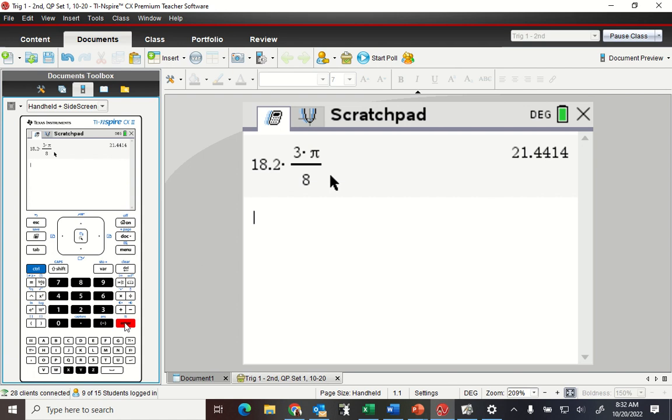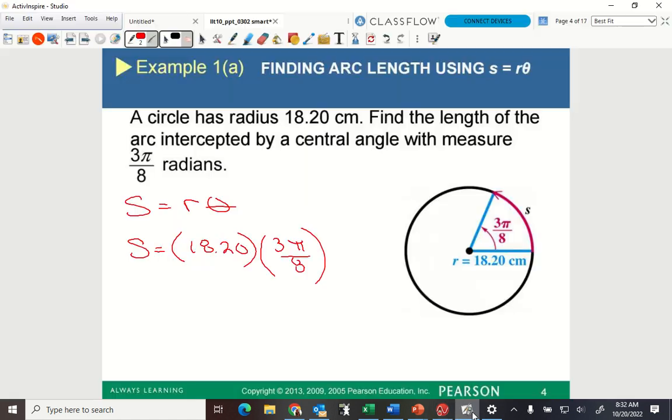Did I give you 2 decimals in this first one? Yes. Okay, so we got 2 decimals in the first one, right? So you go by what's given anyway. To make sure you're always right, look to see how many decimals they give you and just use the same. So this is going to be, what was my number? 21.40. What are my units? Centimeters. My length is always going to be in the same units. Easy? Hopefully? Okay.